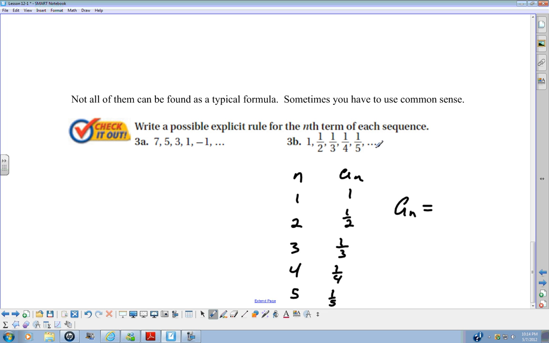You just kind of have to look at it and figure it out. And if you notice in this case that the term number is in the denominator, so that term number is just the value of n, so this would just be 1 over n, and that would be our explicit rule.